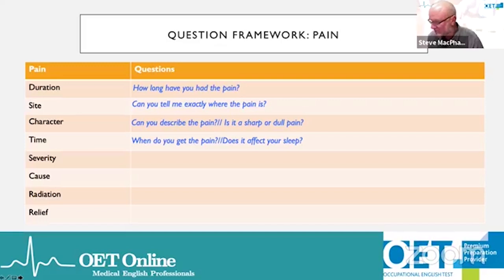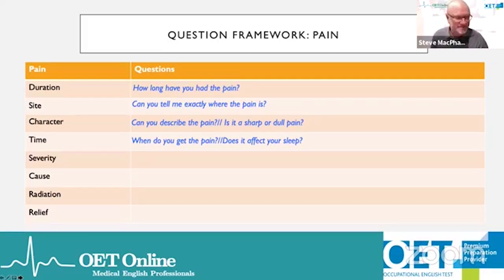Rabab writes, can you describe the pain? Yeah, that was good for that previous one. On a scale of 1 to 10, how would you describe the pain? Close, Jane, I should say. But instead of describe, I want a different word. On a scale of 0 to 10, how severe, almost Fardeep, just word order, how severe is the pain?